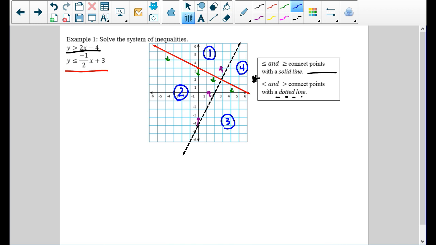So again, if you graph these in Desmos, what you can notice is they shade everything. So in Desmos, they may have an area shaded like this. Everything here on this black graph is shaded yellow, okay?